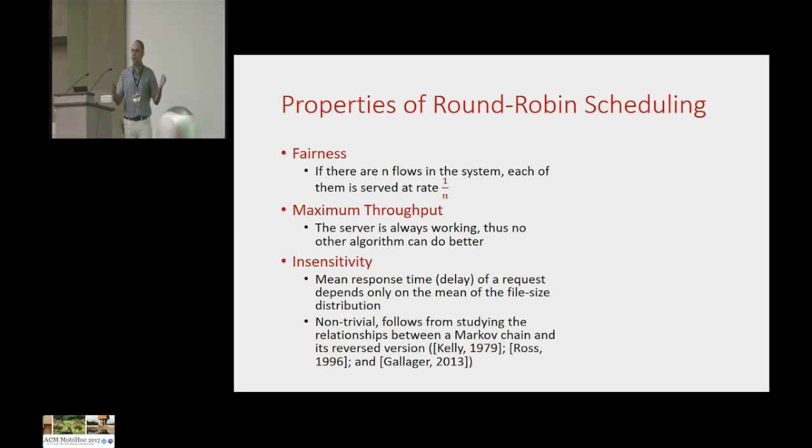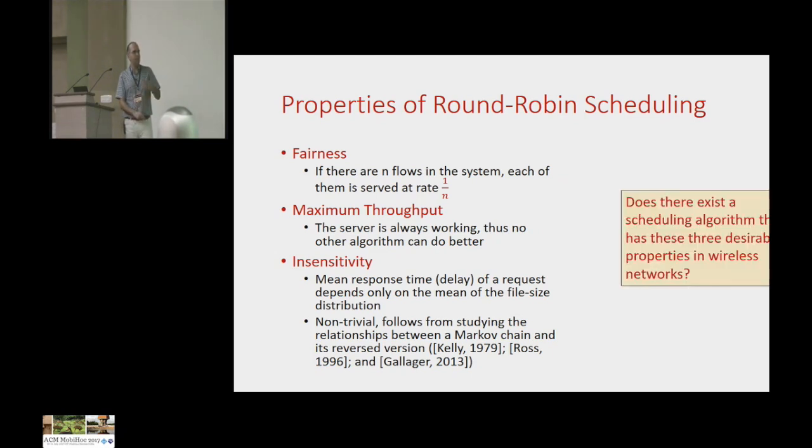That's very attractive because longer files take longer, shorter files take shorter, and therefore there's this insensitivity to the size of the other files in the system. So it only depends on the size of the file itself. And this is hard to prove. It's non-trivial to prove, and it resides on these kinds of results across a longer time frame.